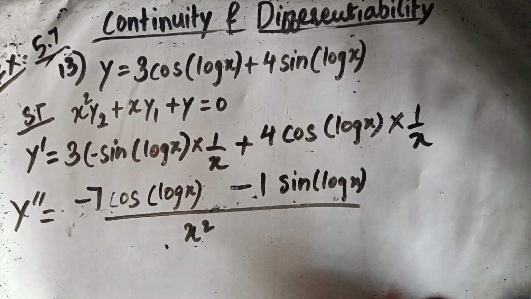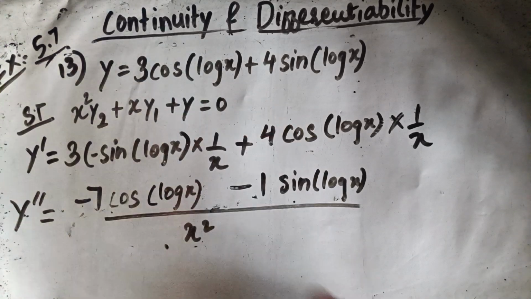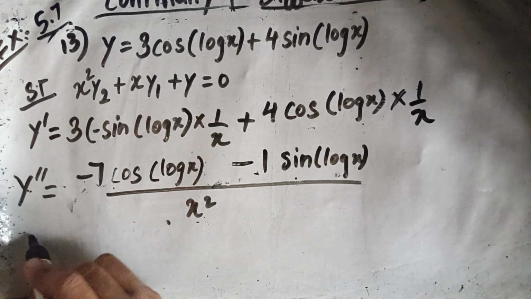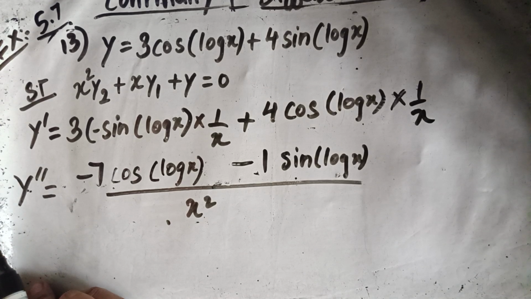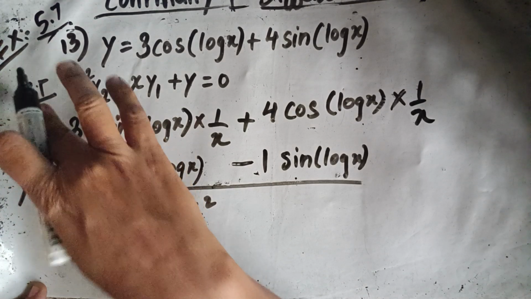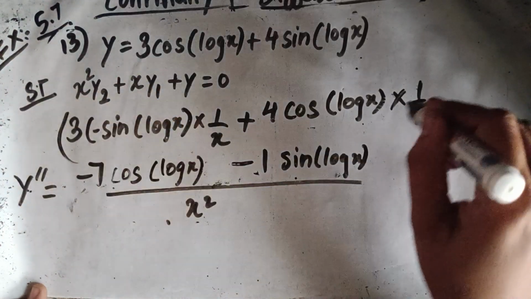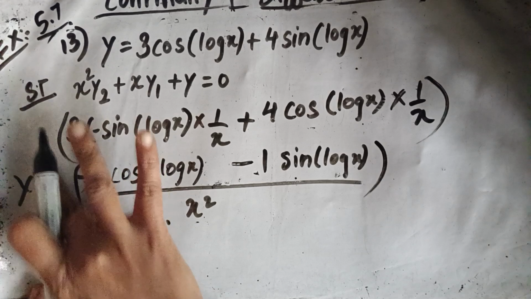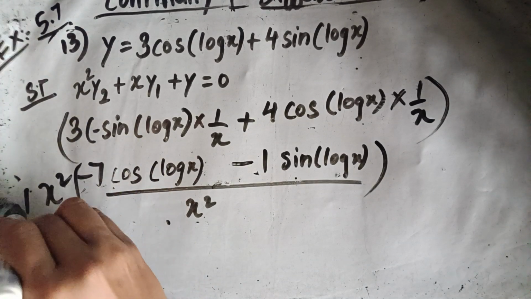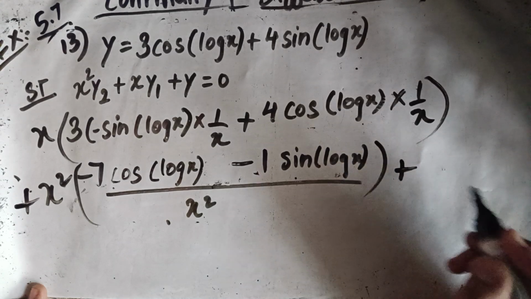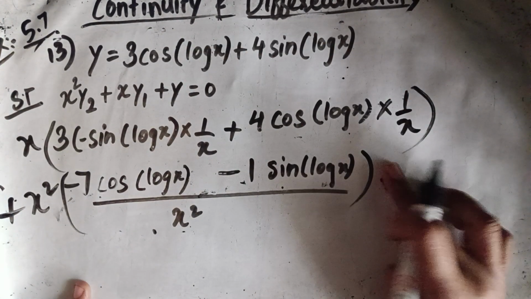So we can substitute this in this equation. So this will be a bigger equation. I'll write it here only. That is x square, we have to multiply for this, and x we have to multiply for this, and plus we have to add this y.